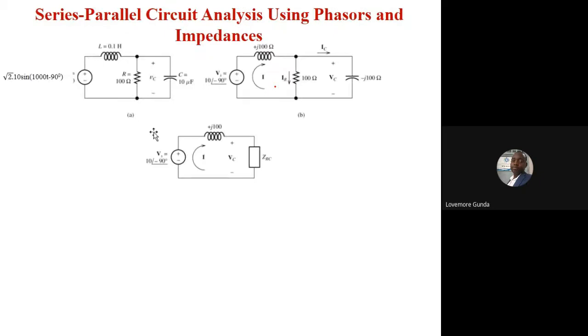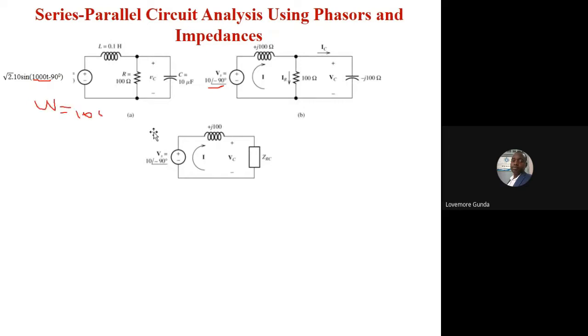Another example. We've done the series components of it. On the series parallel, the rules still apply. Root 2 times 10 sine 1000t minus 90 degrees. So our magnitude becomes, over root 2, 10 here. The angle is still minus 90. So from the expression, we deduce that our omega is 1000.